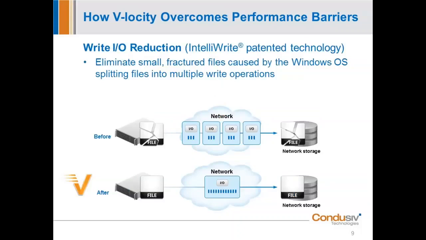Well, the first one here is what we call IntelliWrite. And as I indicated before, Windows tends to break up I/O into small random I/O. And as an analogy, if you're going to carry a gallon of water from one place to another, would you do it with 100 Dixie cups or just do it one trip with one big gallon bucket?